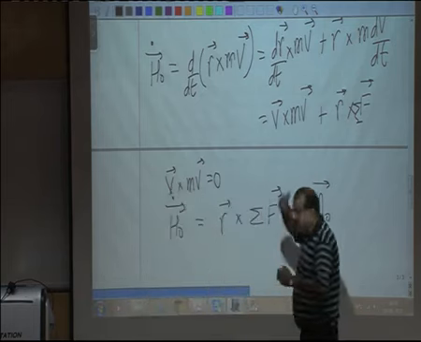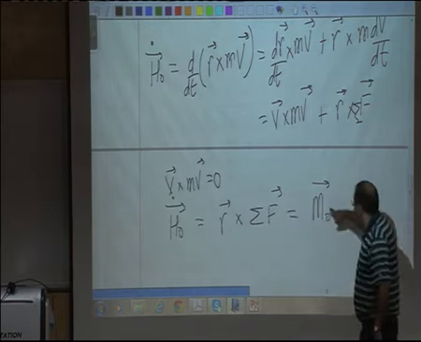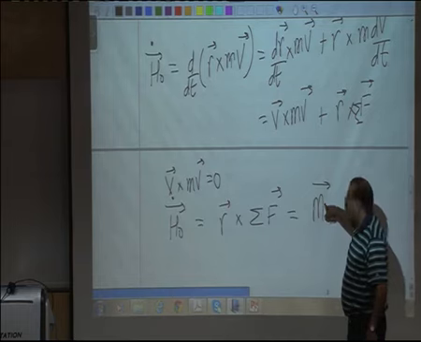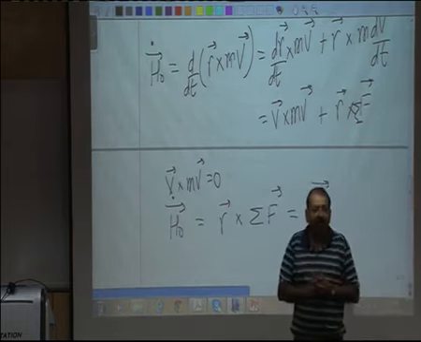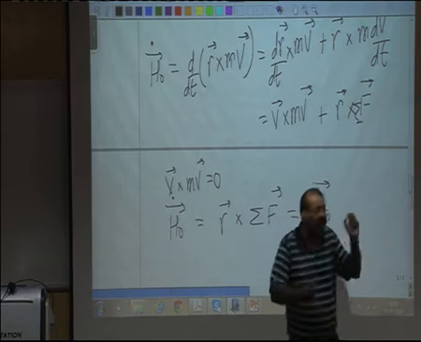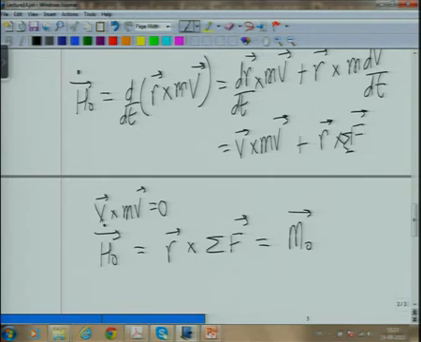Instead of writing things in terms of linear momentum and velocity, we can write the sum of moments about a point O will be equal to the rate of change of angular momentum. As far as the single particle is concerned, this is not a new law. It is just following from Newton's second law. We have used only Newton's second law to get this, and that is how this works.